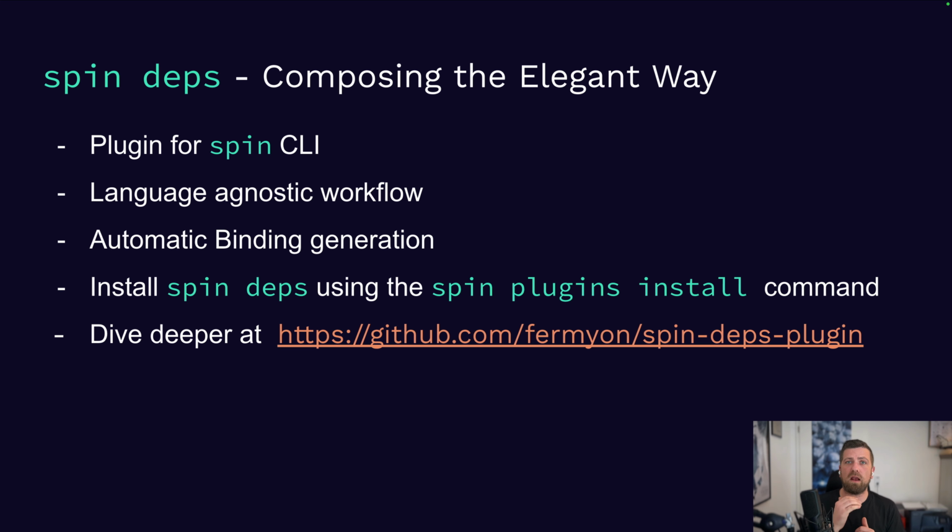The plugin takes care of automatic binding generation, leaving a simple spin depths add command to us as developers. And from that point in time, when you execute that command, you can simply move on and consume the APIs provided by your WebAssembly component in your Spin app with no additional manual step required.